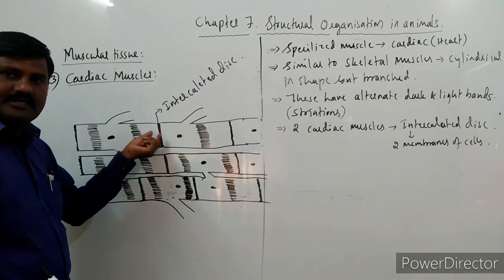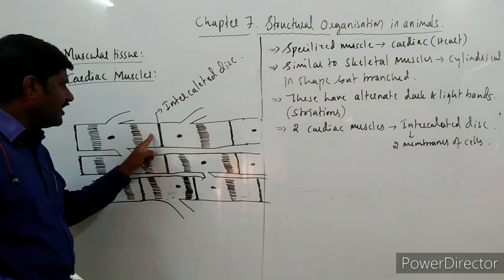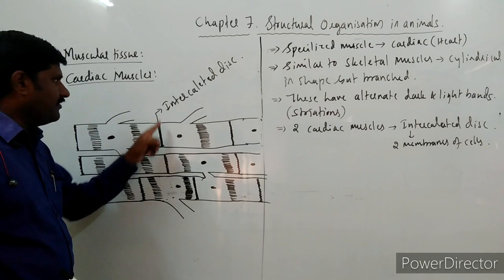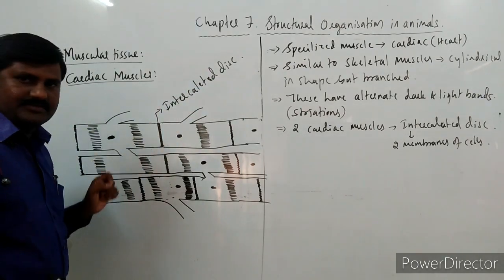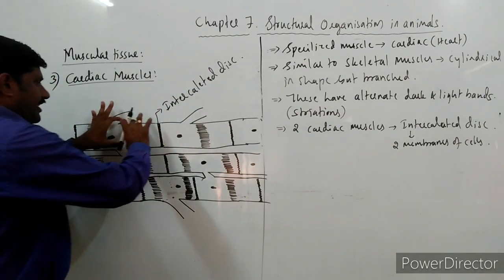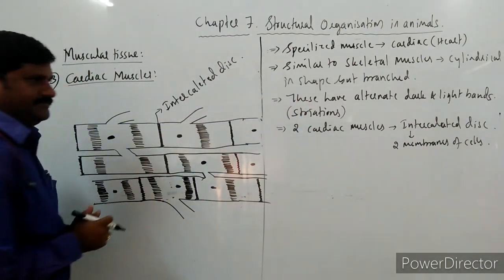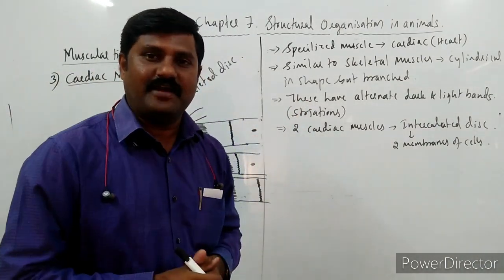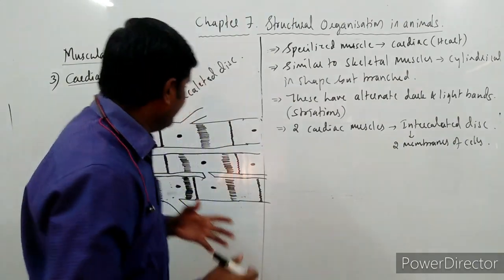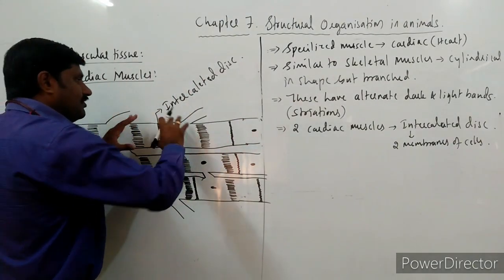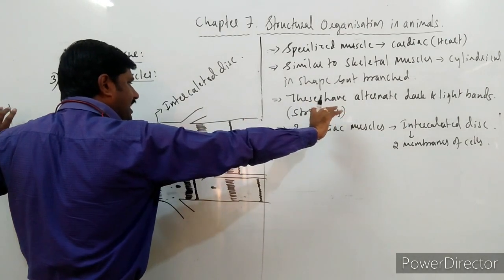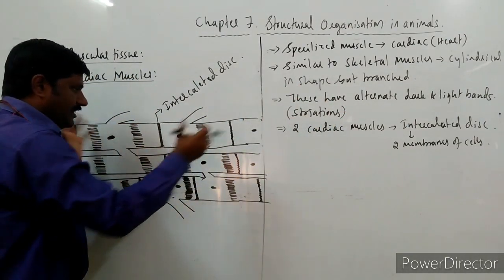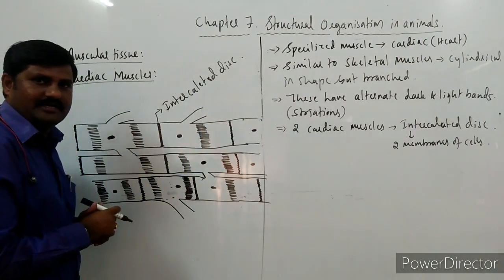In such an intercalated disc, the membrane of this muscle fiber and this muscle fiber fuse with each other, forming this intercalated disc, right? So forming an elongated strand of muscle fibers, so that whenever these contract, all these strands contract together, right? The entire strand is contracting over here.